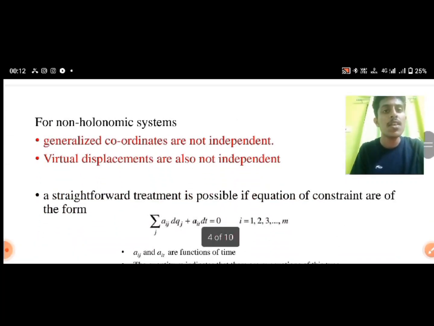We are considering that the generalized coordinates are not independent, and the virtual displacements are also not independent, which means the generalized coordinates are interconnected with the virtual displacements. Straightforwardly, we can write the constraint equation as summation of aij dqj plus ait dt equal to 0, where aij and ait are functions of time.